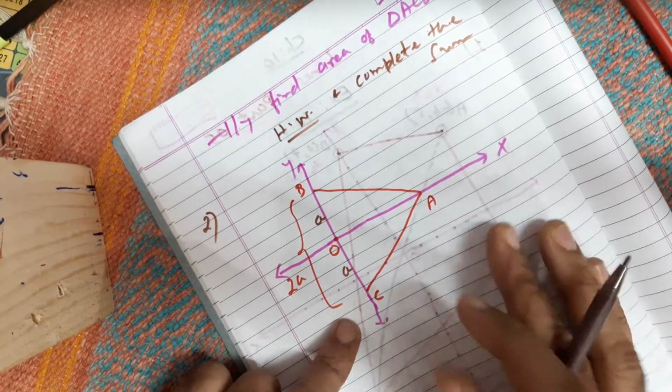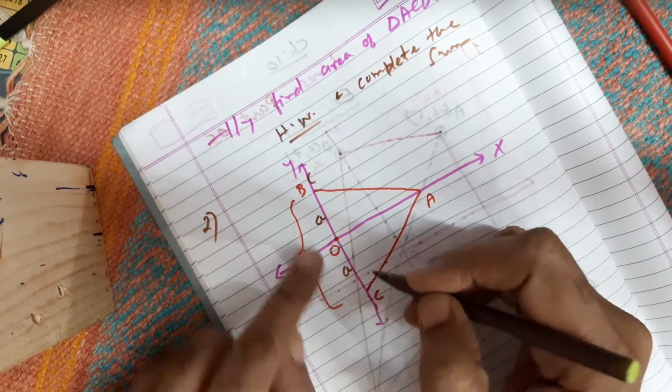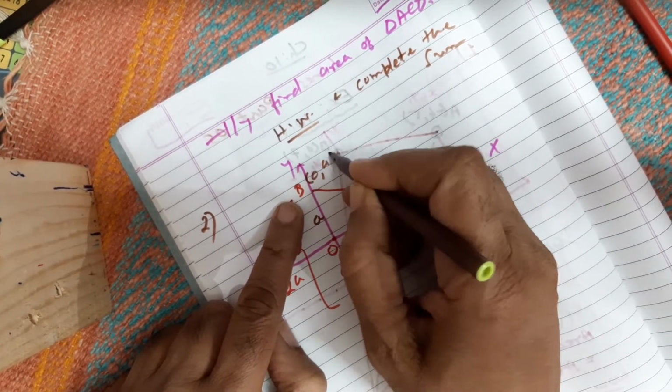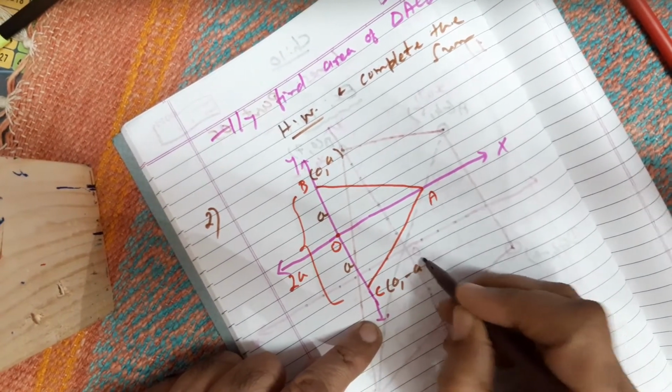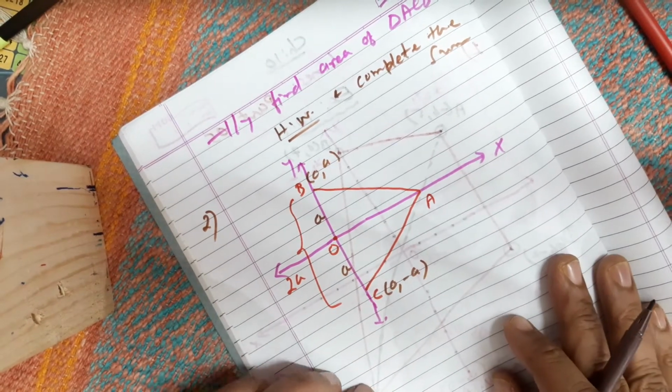Correct? So now can you say what are the coordinates of B and C? See, this is origin, length is A, so this will be 0A, isn't it? And this will be 0 minus A because on the negative side of y-axis, isn't it?